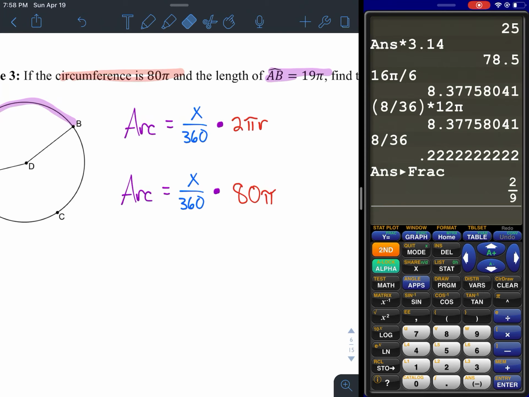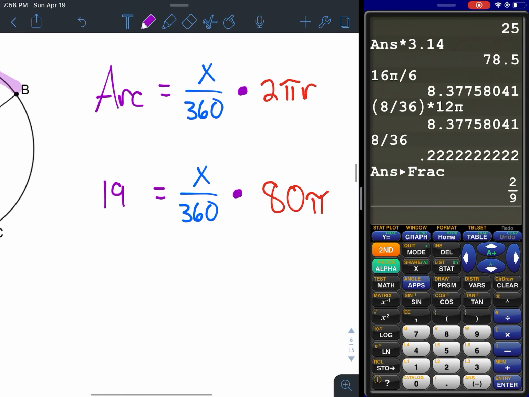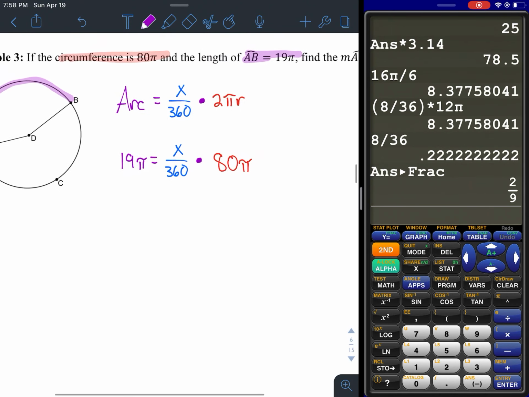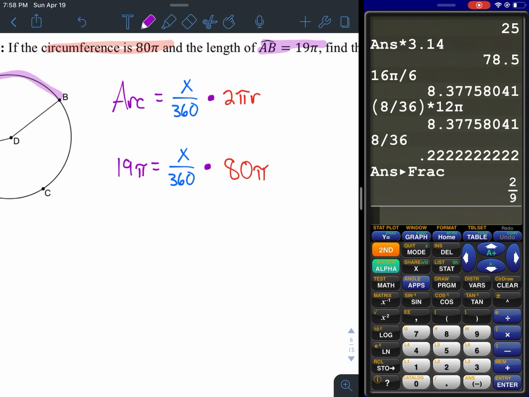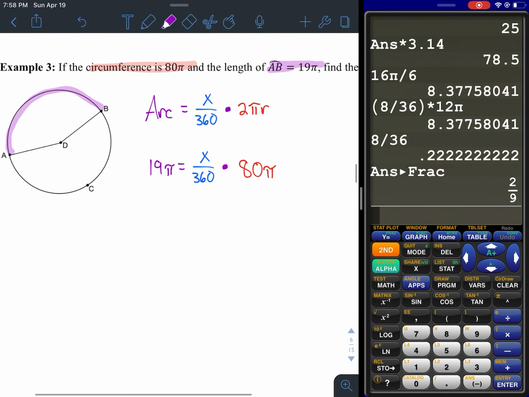And then the other piece that we can replace is the arc section, which is 19 pi because that's also given to us. All right, so that is what we have here. So now that we have our formula, our goal is to find what x is. We need to find what the portion of the circle is in degrees.